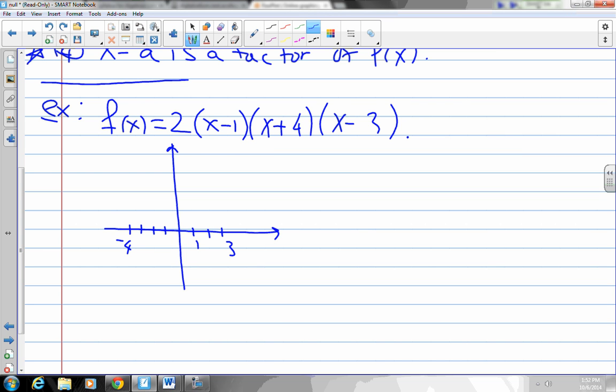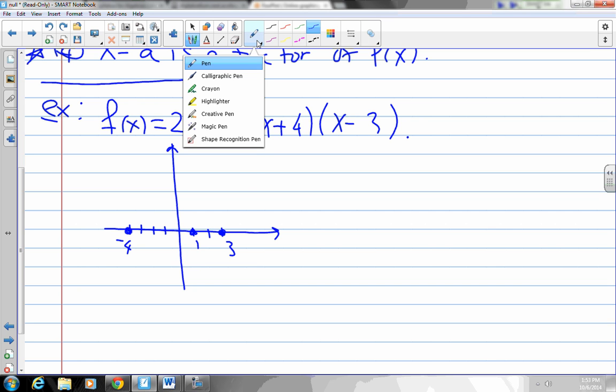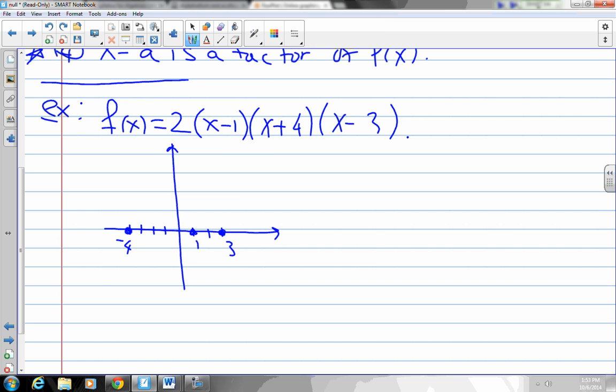So I know for sure that the graph will go through these points, right? Now, how is it going to do that? There are really 2 options that can happen. I can do something like that, a pretty smooth curve that hits all the points.